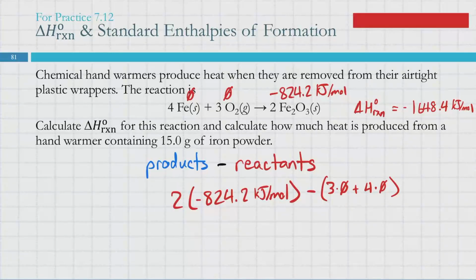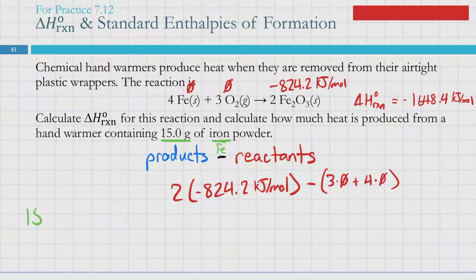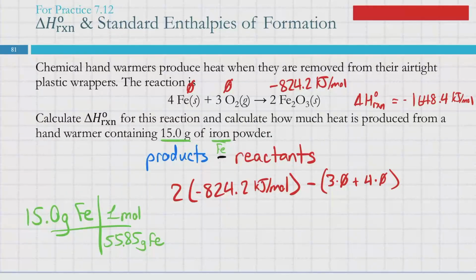And then we can also calculate the heat produced if we've got 15 grams of iron powder. So starting with our 15 grams of iron, iron being Fe, we need to convert from grams of iron to moles of iron so that we can use our balanced chemical reaction. Our value for molar mass for iron is 55.85 grams of iron per 1 mole of iron.